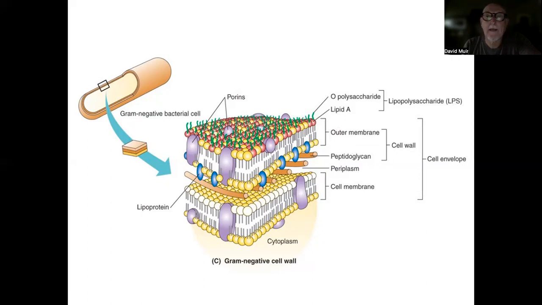Gram-negative bacteria are absolutely notorious for causing a condition called sepsis. And sepsis is an immune response. It is an overwhelming immune response globally in the body, which is a clinically critical situation. It can very easily and quickly lead to death.